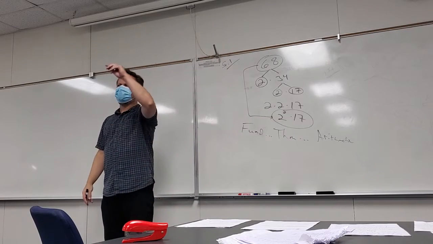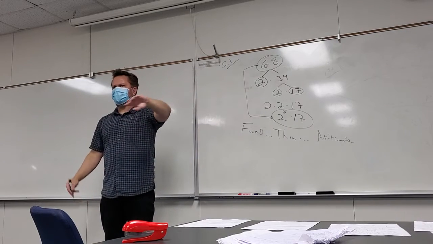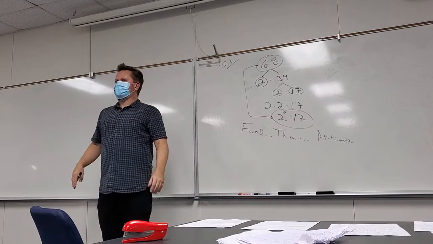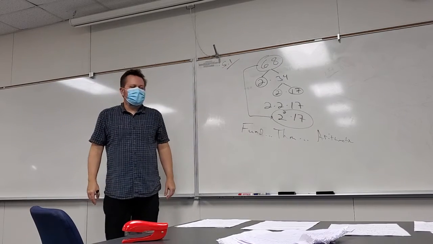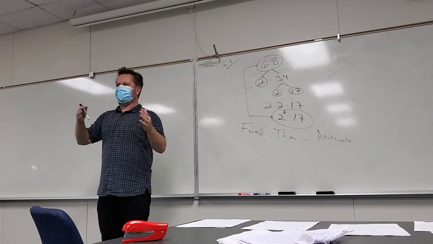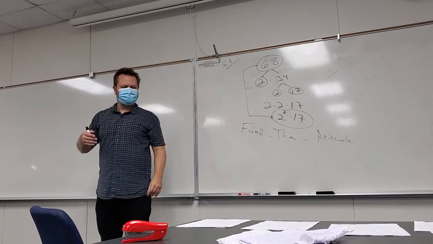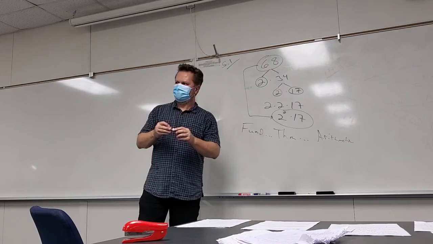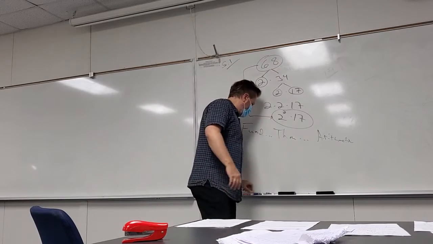There's also something called the fundamental theorem of algebra, which we won't talk about at the moment. But this is the fundamental theorem of arithmetic, and I call it related to the DNA of the number. I wrote theory instead of theorem.